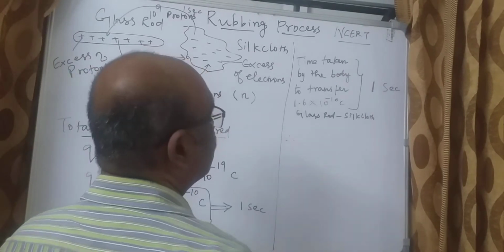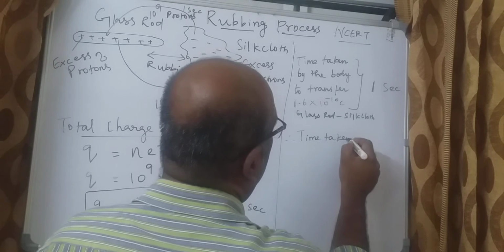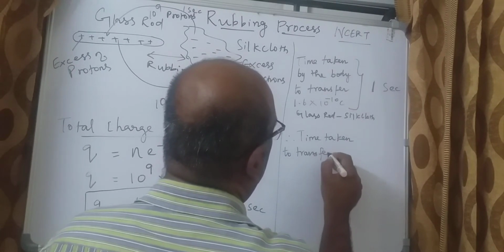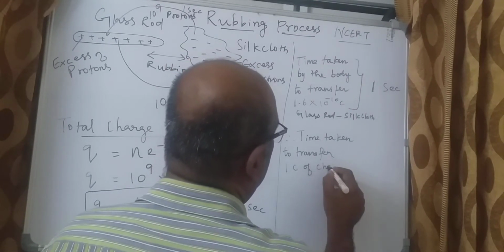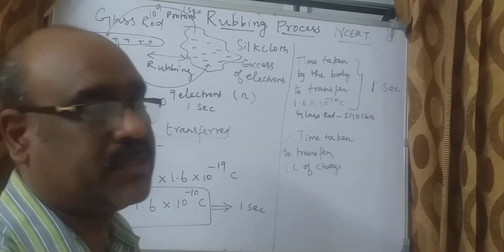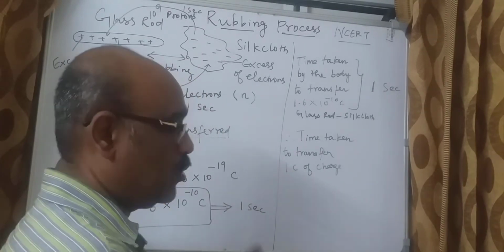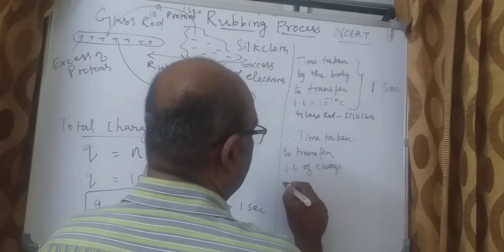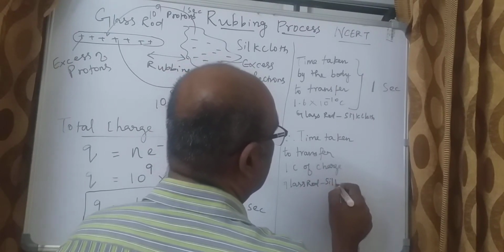Therefore, the time taken to transfer 1 coulomb of charge from one body to the other body, how much is it? That is what we are going to calculate over here, from glass rod to silk cloth.